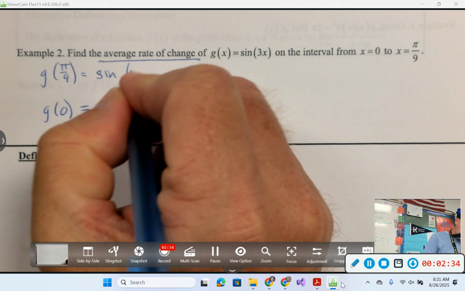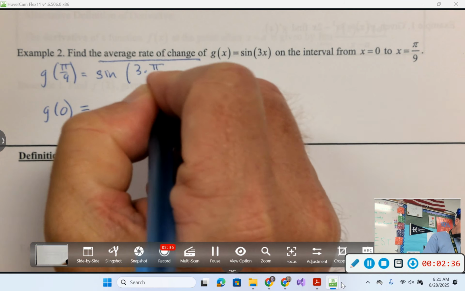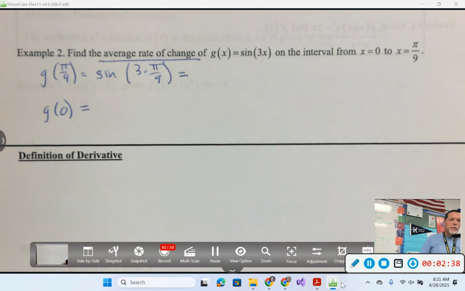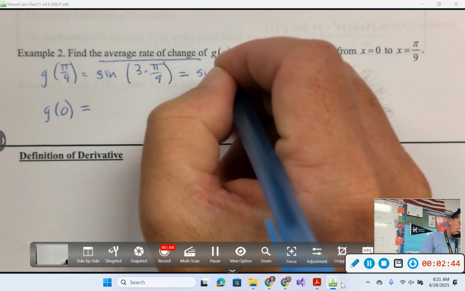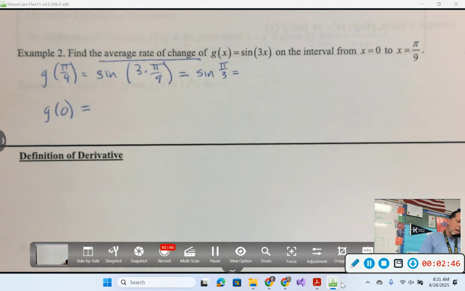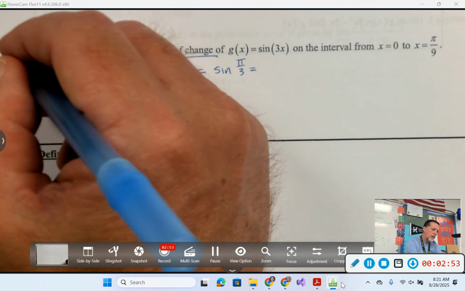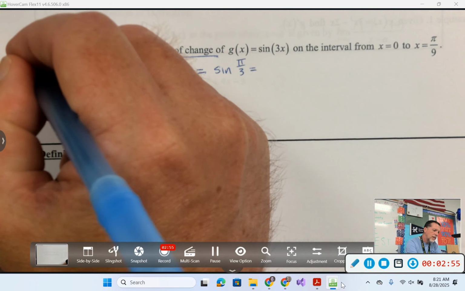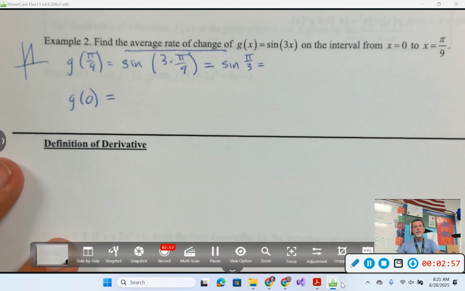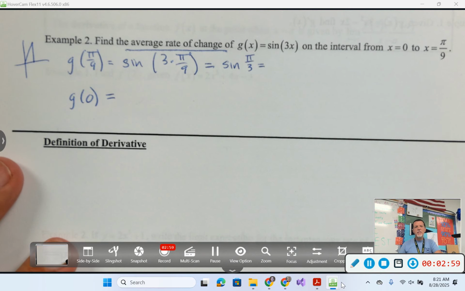So the sine of 3 times pi over 9. So let's see, that's the sine of pi over 3. And the sine of pi over 3 is, as I draw the picture to remind myself, sine's the y side.